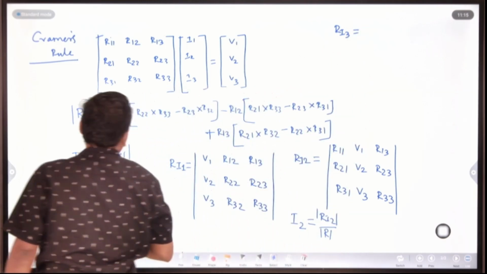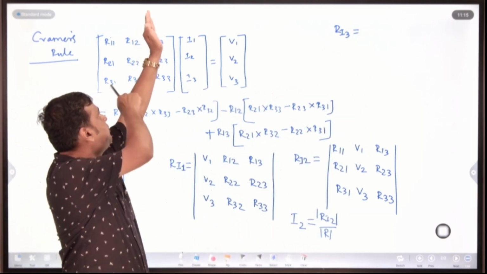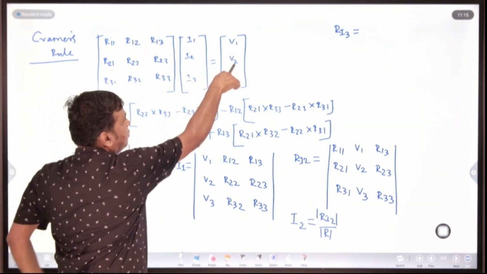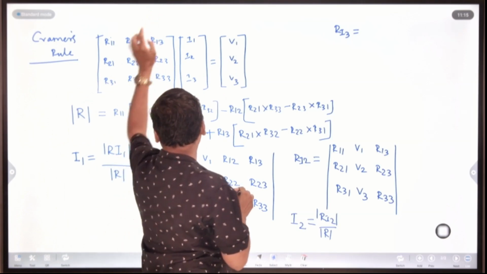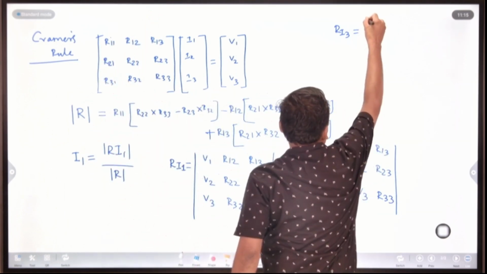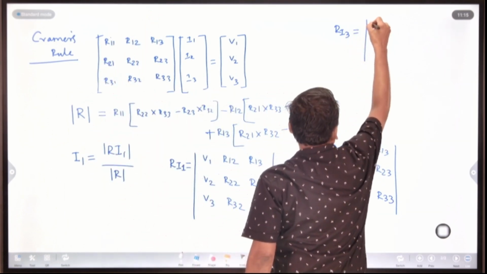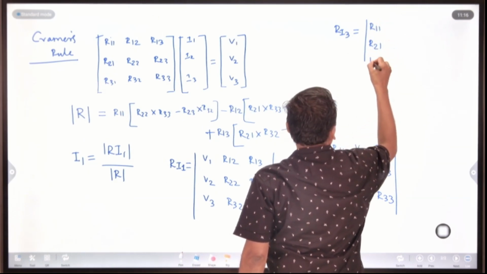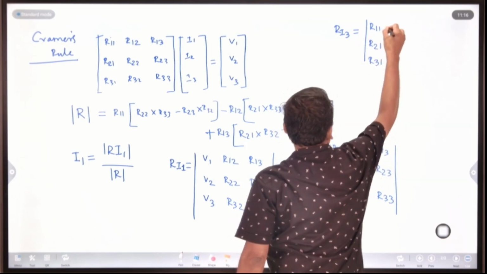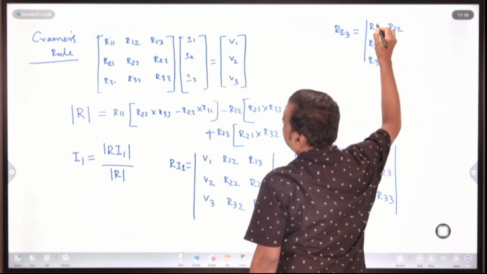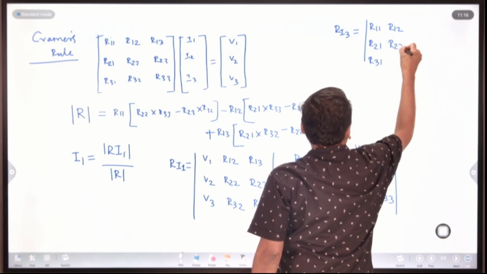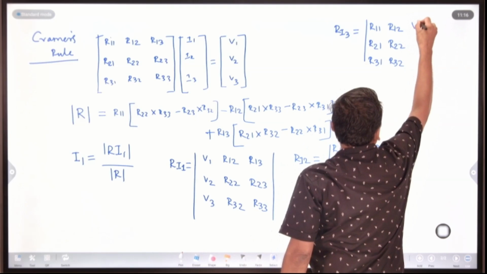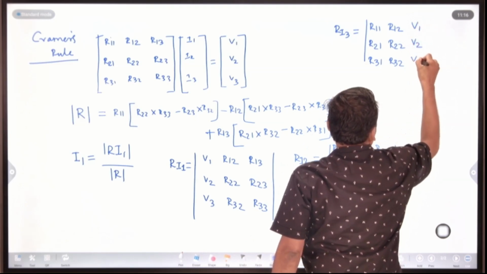Ri3 means third column. If you close this third column, on the left side how many columns will you find? 2 columns, and the remaining one is this. So for Ri3, if you close this column, you will get these 2 columns. That is your R11, R21, R31, then R12, R22, R32, then V1, V2 and V3.